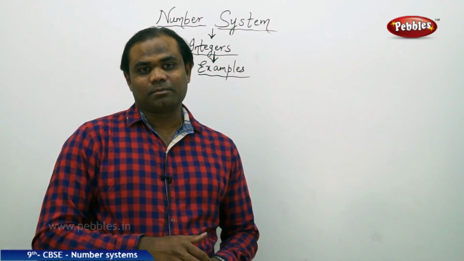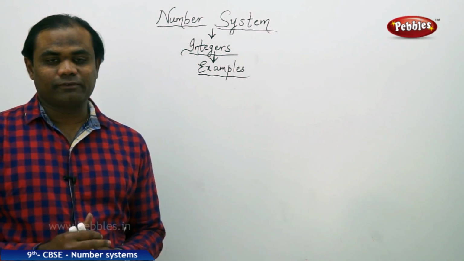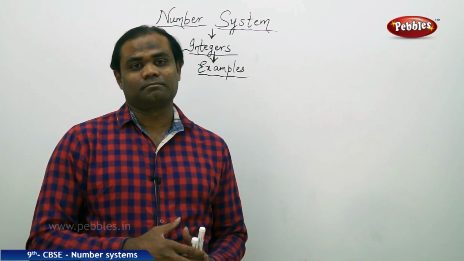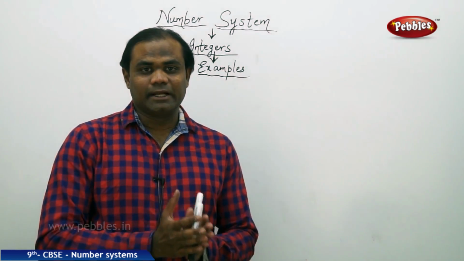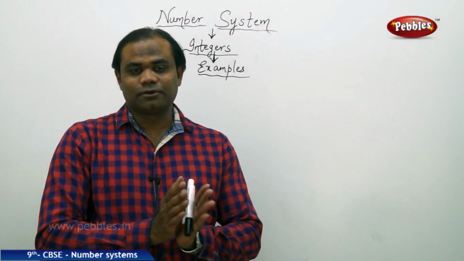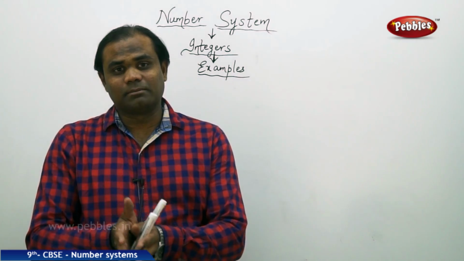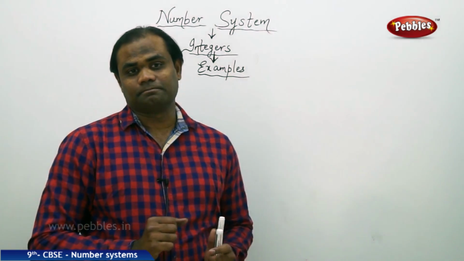Let's see some example problems to understand the set of integers, set of natural numbers and set of whole numbers combined, and understand the identification of a number in each of its classification, either as a whole number or as a natural number or as an integer.